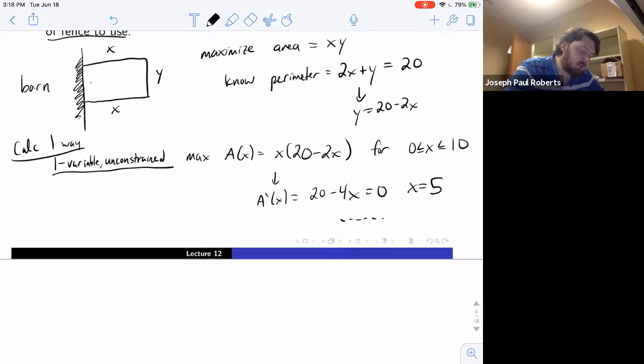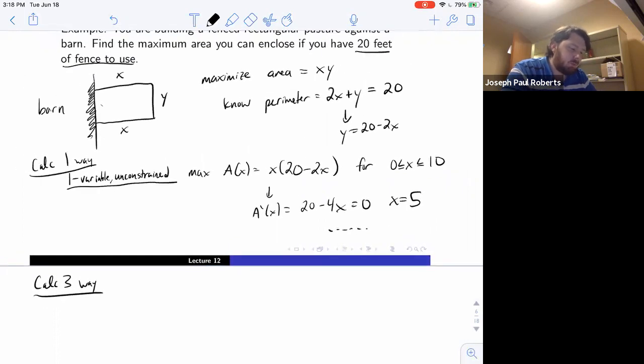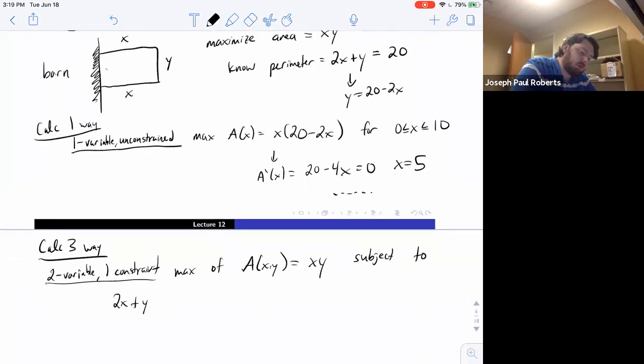And what I want to show you is that there's a Calc 3 way. The Calc 3 way is to do this same thing, but leave the perimeter as a constraint and use Lagrange multipliers. So the Calc 3 problem would be 2 variable, 1 constraint, and it would be find the max of A of xy, which is xy, subject to 2x plus y equals 20.